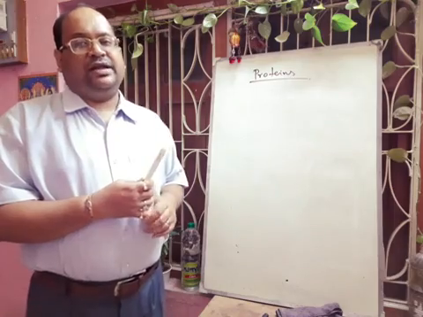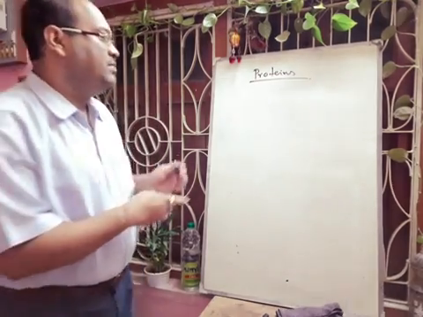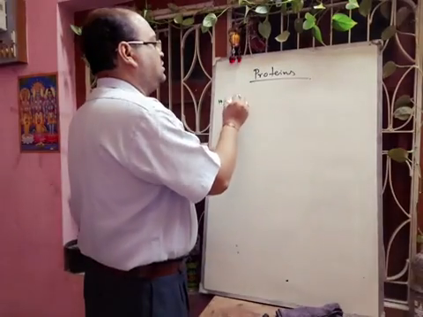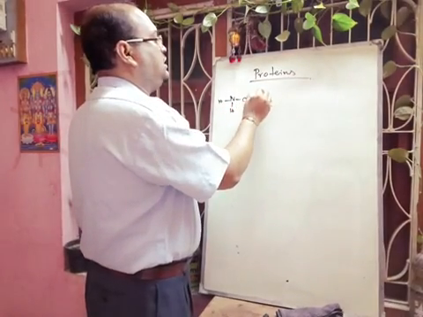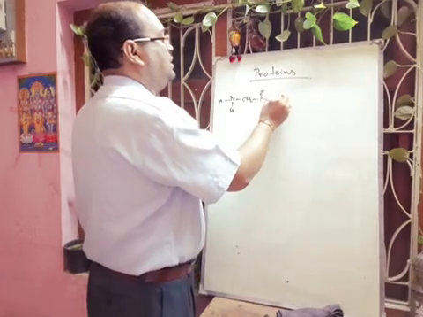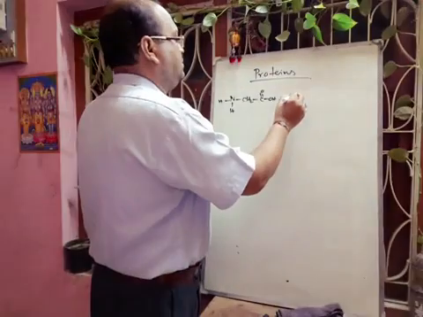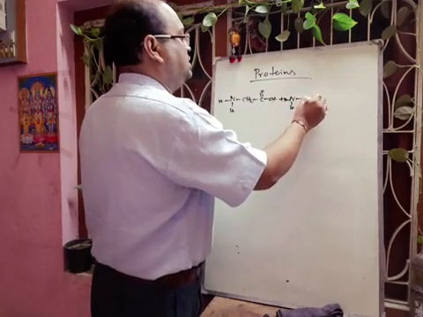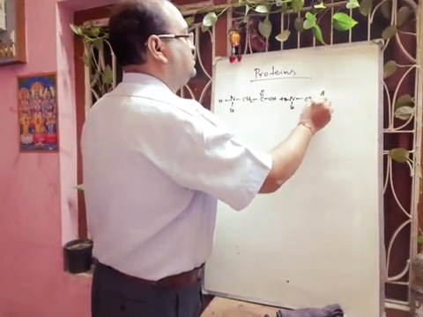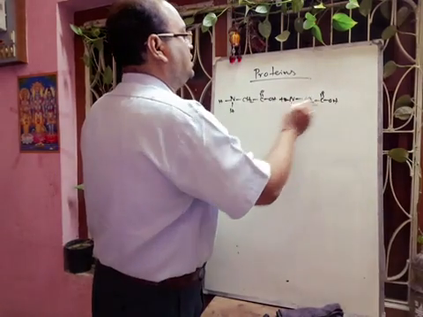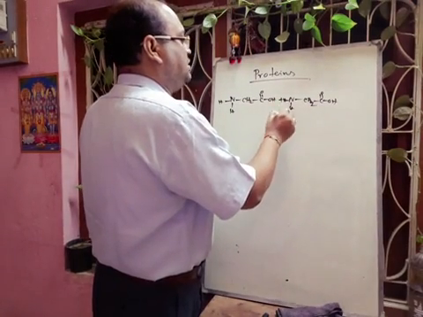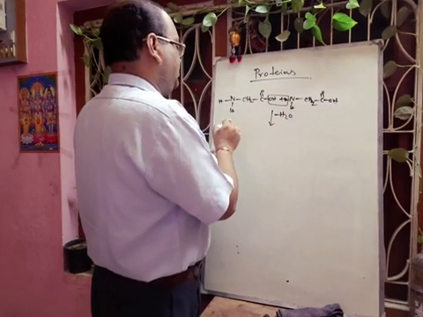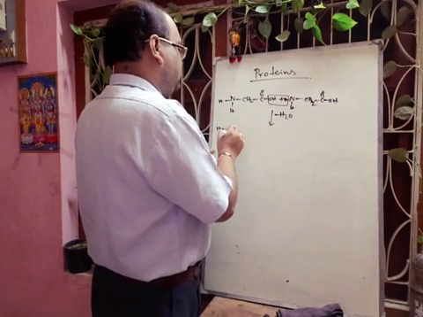We can take the example of glycine, that is NH2 CH2 COOH, and another NH2 CH2 COOH, and there will be elimination of a water molecule, and there will be formation of one amide linkage.